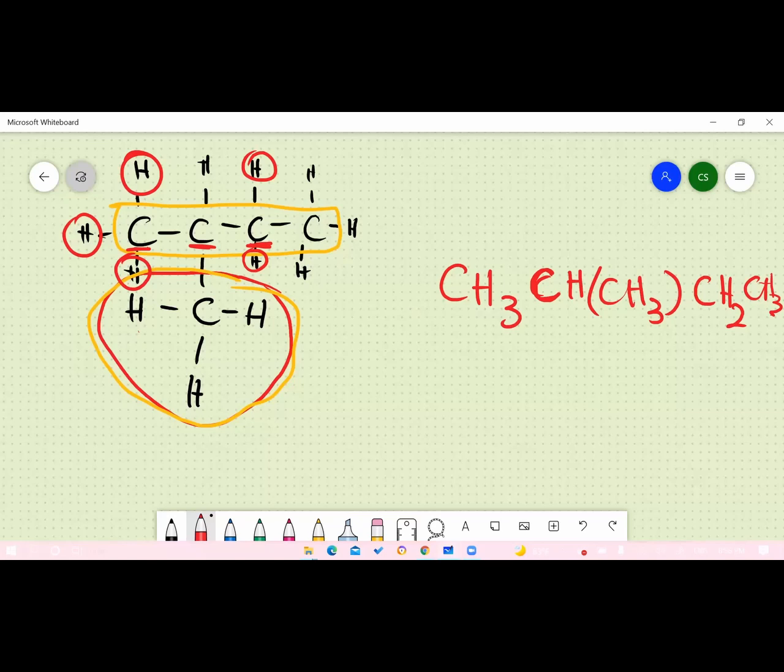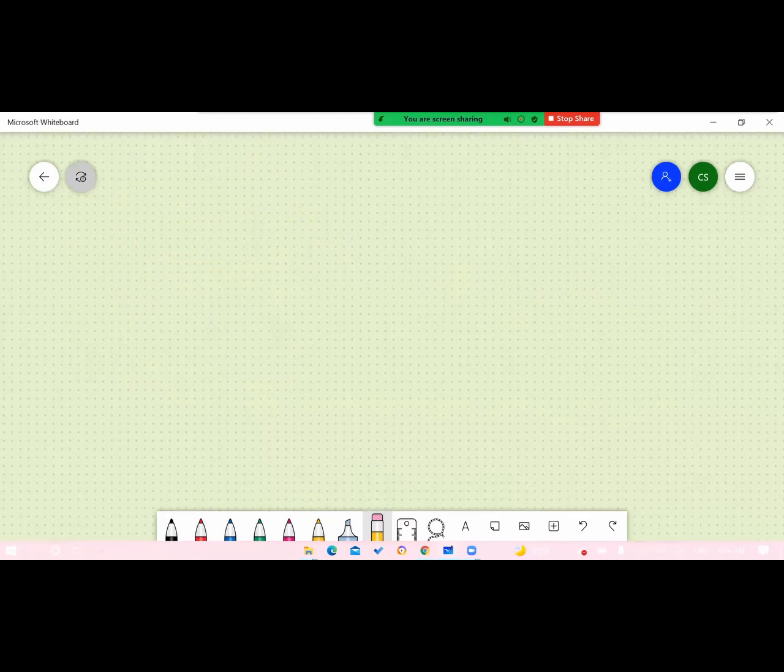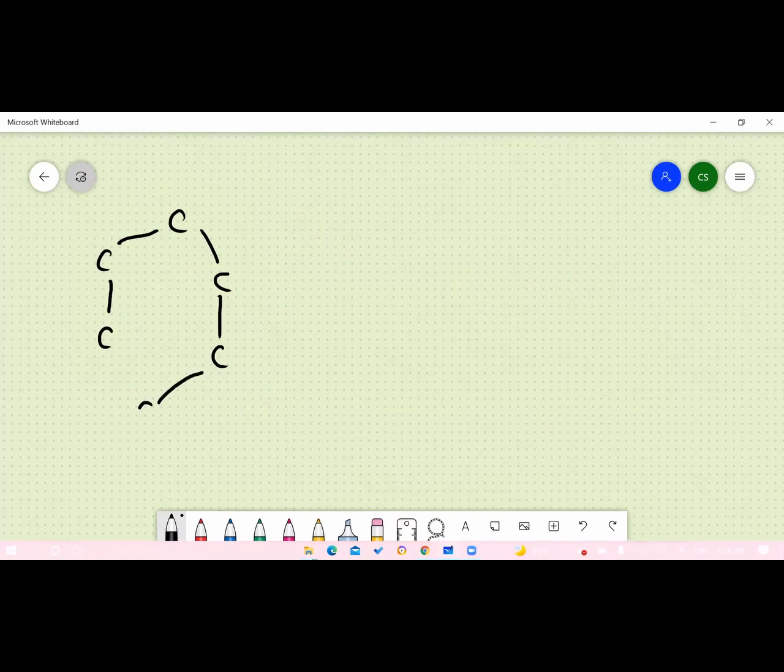Now, for ringed compounds, let's deal with an easy one. Let's do cyclohexane. C bonds to C bonds to C. So that's cyclohexane. What's the molecular formula for cyclohexane?